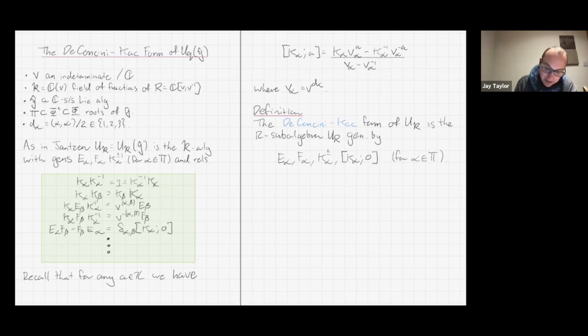Implicitly, we've actually already basically seen this algebra. U_R appears implicitly in Lemma 5.12. He basically shows that some lattice is a module for this algebra.